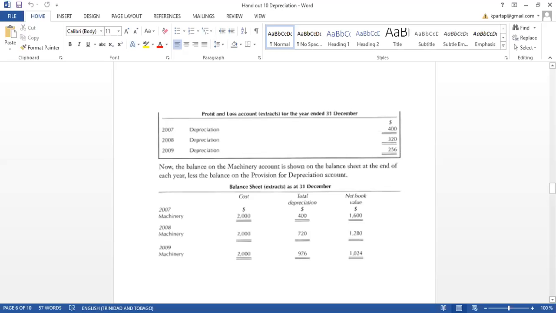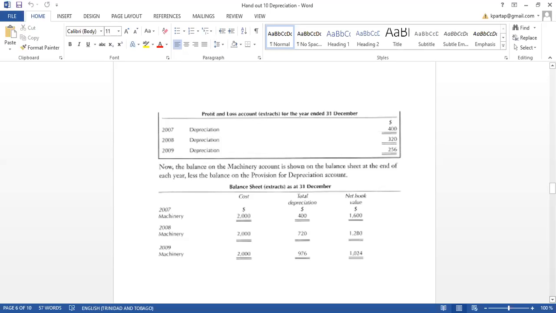2008 now. Cost was still 2,000. Remember that cost did not change in the machinery account. The total depreciation, however, at the end of 2008, if we look at our provision for depreciation account, was 720. We minus the 720 from the 2,000 and we get the net book value of 1,280. The 1,280 is what the machine was worth at the end of 2008. 2009 now, we have the same cost because the machinery cost did not change at any point in time and cannot change actually.